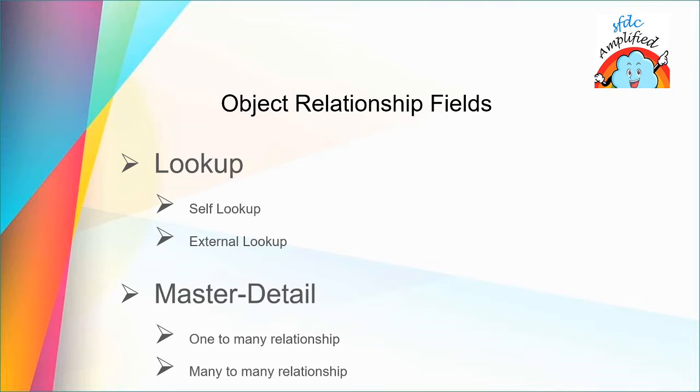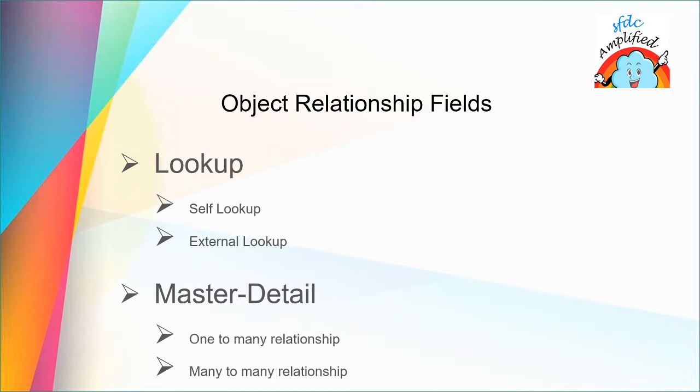And a child record will not exist if you don't have a parent record. For this, I'll give a demo. We'll be creating objects today and even the relations, like the lookup and the master detail relationship. We'll be going with that.